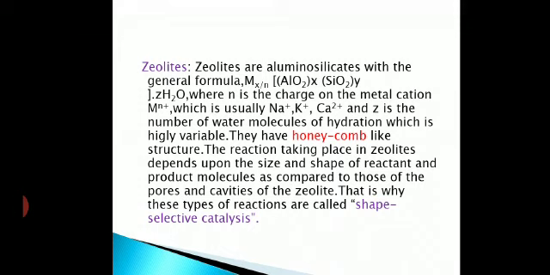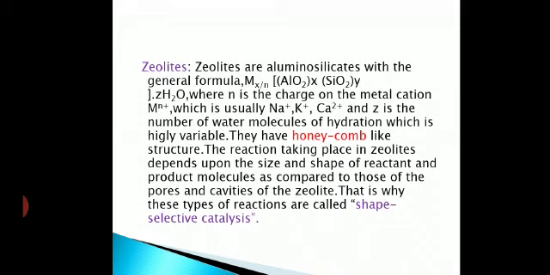They are found in nature as well as they can be prepared artificially in the lab. They form an important class of oxide catalysts, and zeolites to be used as catalysts are heated in vacuum so that the water of hydration is lost. When it is used as a catalyst, we heat it in vacuum so that water is lost and it gets dehydrated.